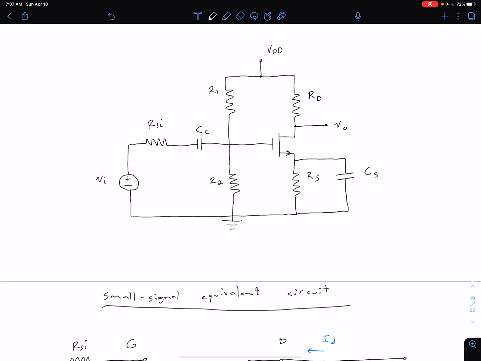So this could be our C sub S. And what that does is our RS is going to be present for the DC analysis, so it's still giving us that stability for our Q point, but it's not going to be showing up for our AC analysis. So in this case, we wouldn't necessarily want to bypass all of it because then we revert to that more simple equation, but we could, for instance, split that RS value into two parts and bypass one of the two parts. So we can try to find a middle ground between Q point stability and not reducing our gain too much.